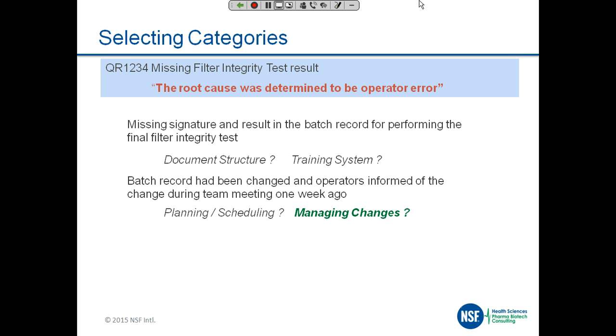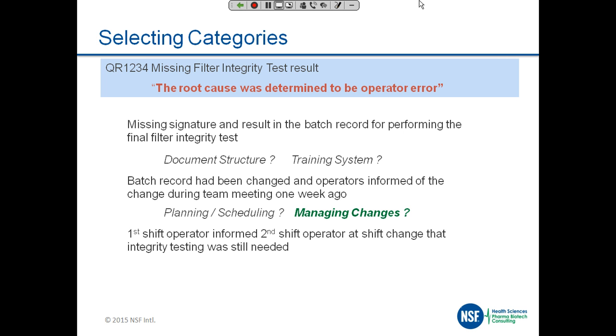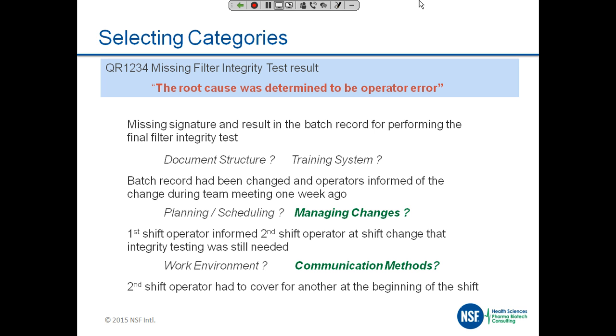And the investigation showed that the batch record had been changed and operators informed of the change during a team meeting a week ago. And the first shift operator informed the second shift operator at shift change that integrity testing was still needed. And finally, the second shift operator had to cover for another person at the beginning of the shift. Well, this is a very typical situation.